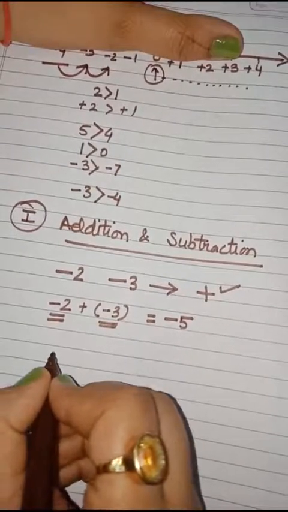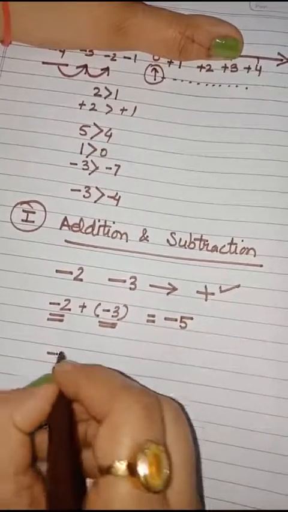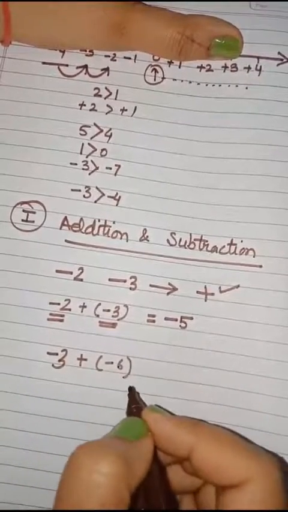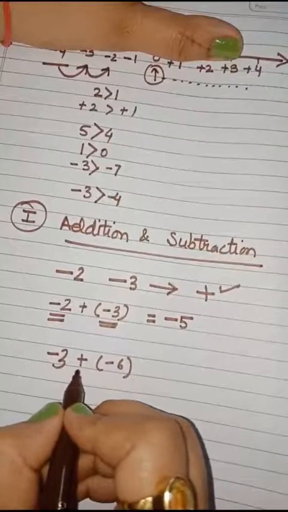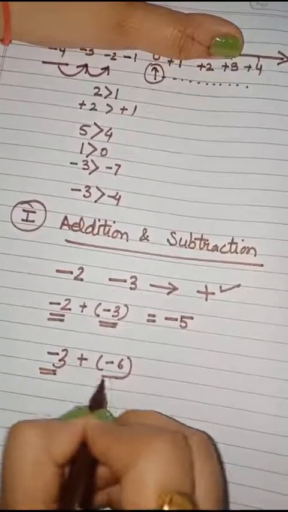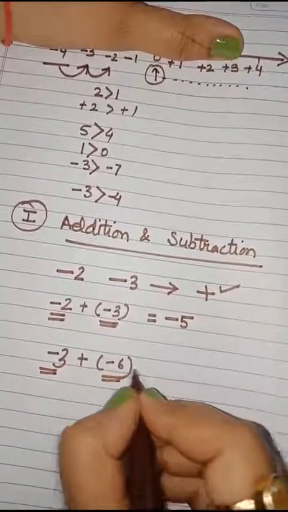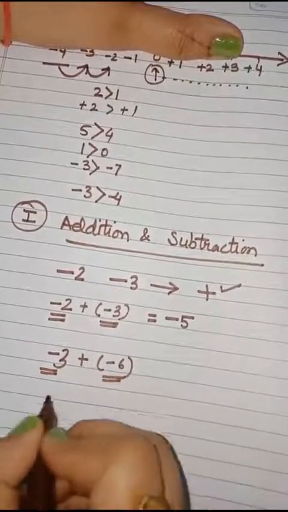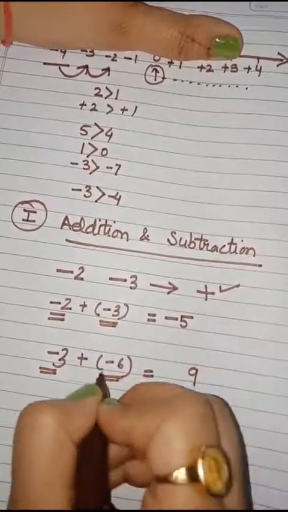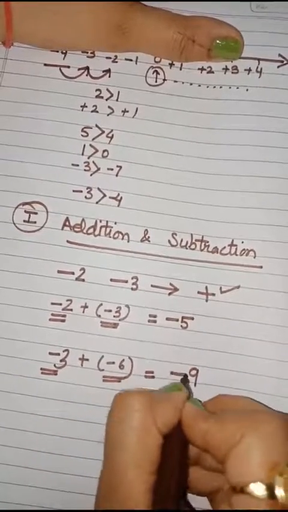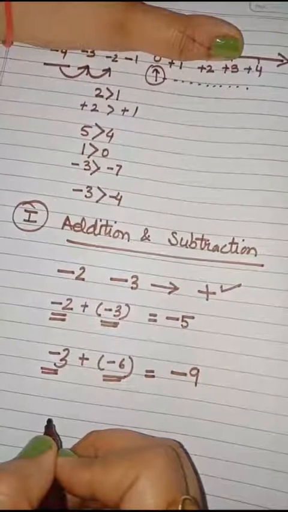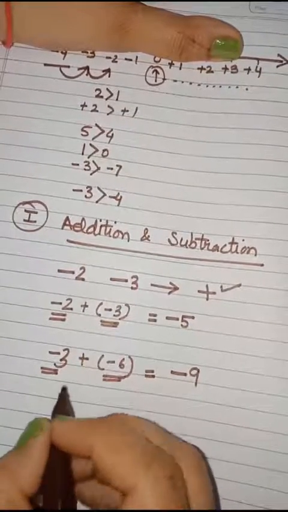Take one more example. Suppose -3 plus -6. Although we are performing addition, in the case of integers, we have to consider the signs of the numbers. So minus minus is plus. That means the answer is 3 plus 6, that is 9, and the sign of the greater number, that is negative. So it is -9.